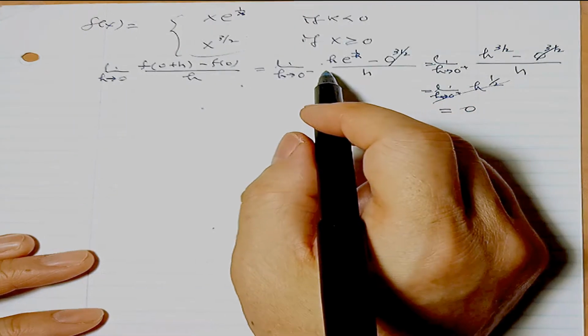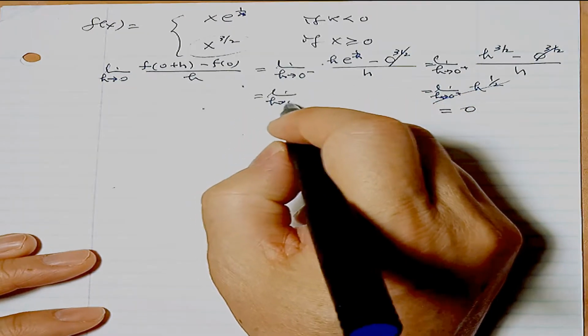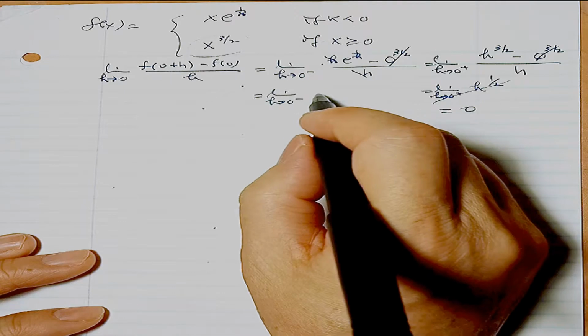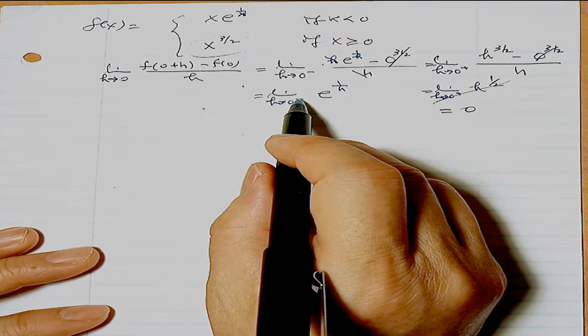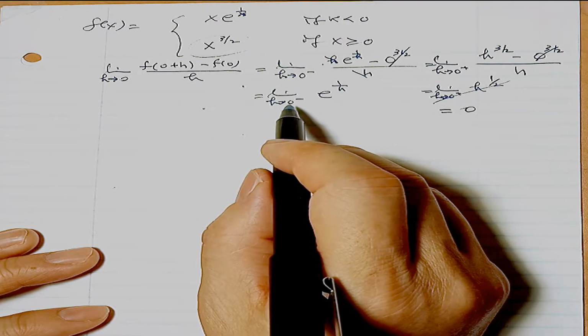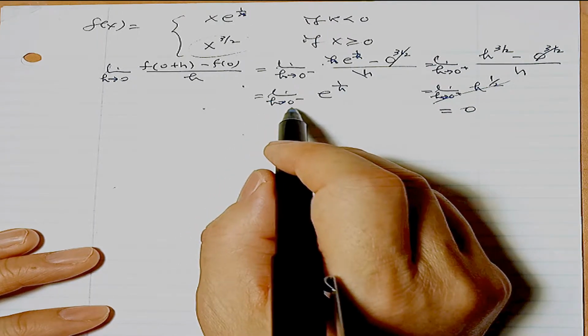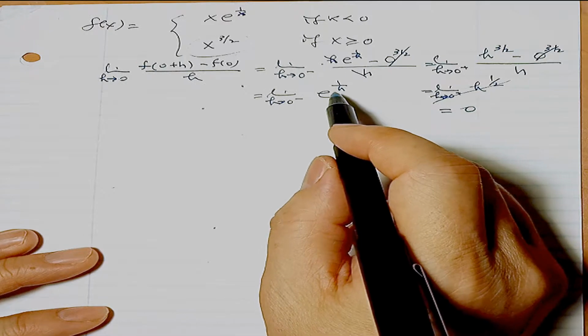However, here you get the limit as h goes to 0 from the negative side. These two cancel, leaving you h to the 1 over this. But h approaching 0 from the negative side means something like negative 0.1, negative 0.001, negative 0.0001, always negative.